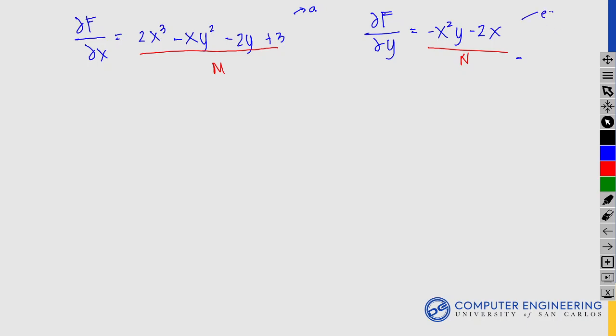This one is equation B and this one is equation A. Yeah, so we'll go with equation B. That means the partial derivative of f with respect to y is equal to minus x squared y minus 2x. You can integrate both sides.